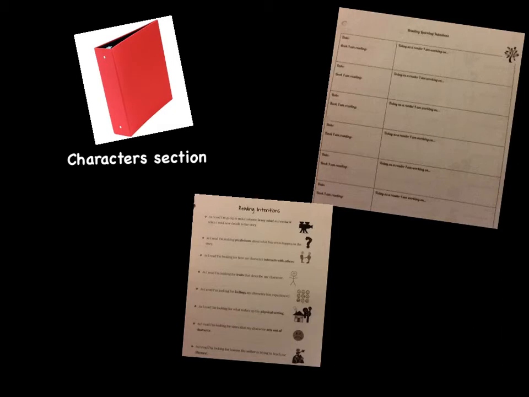You're going to open up your binder to the characters section, which should be the first section in your binder, and we're going to first place this reading learning intention sheet, and then right behind it, we're going to place the example sheet, so that every time you open that binder, you can come to these two sheets and fill those out, because we are going to be filling out these reading intentions every single day before we go off and do our work.